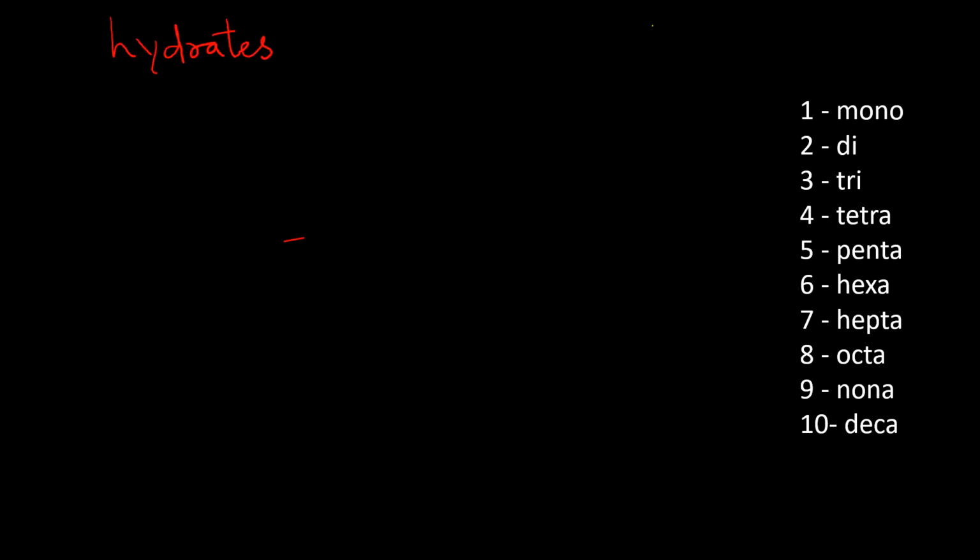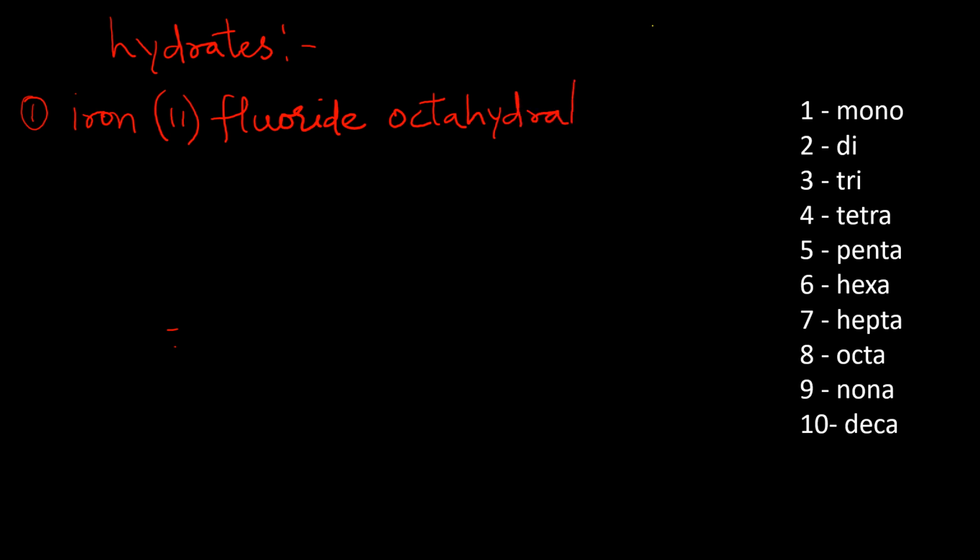So the definition, I've already made it clear. Hydrates are still ionic compounds with water content, so they have absorbed some water molecules. For example, the name of the hydrate is, let's say, iron 2 fluoride octahydrate. Now one very important thing. The octa that we see here is a prefix.